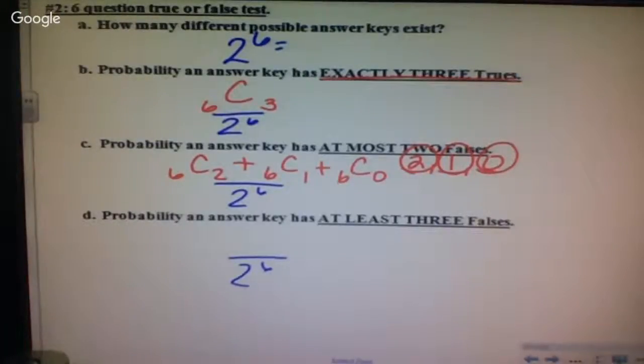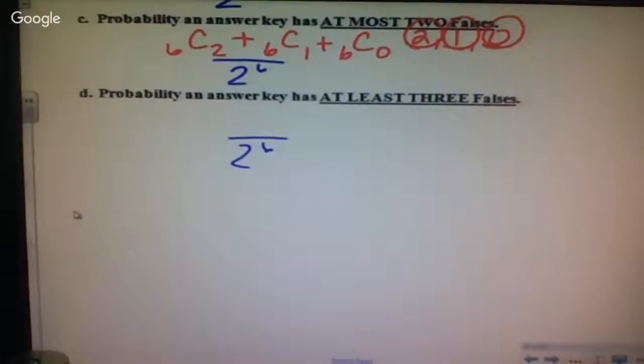If it says at most, at most means you're at your highest number. So that's 2. At least means you're at your smallest number. Okay. So now we're at least 3 falses. So that means 3 is my smallest number.